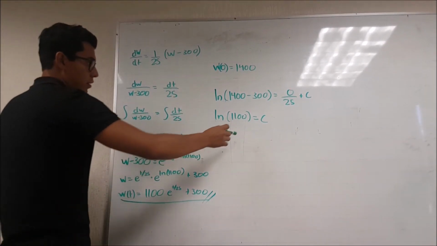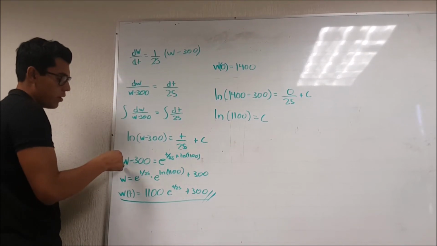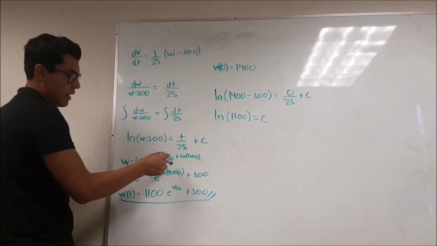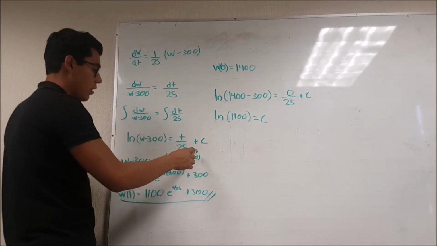So then we substitute the c in the equation, and we get that W minus 300 is equal to e to the t over 25 plus ln of 1100.